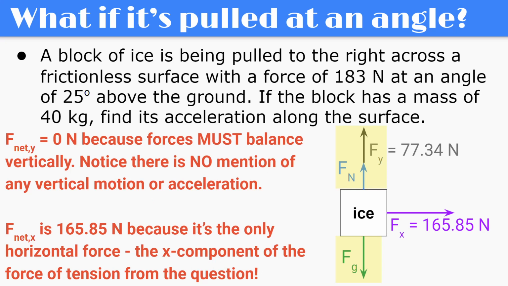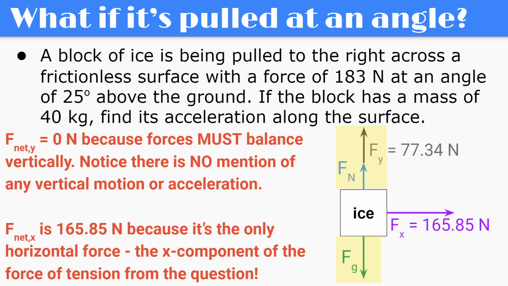Yes, sir? On that triangle thing, when you used the trig, did you even have to solve for the y? I did not have to solve for the y in this question. However, if the question had said that there was friction and it said the coefficient of friction between the two ice surfaces is 0.15, then you have to solve for the y so that you can get Fn, so that you can find the force of friction, so that you can find the net force, so that you can find the acceleration.